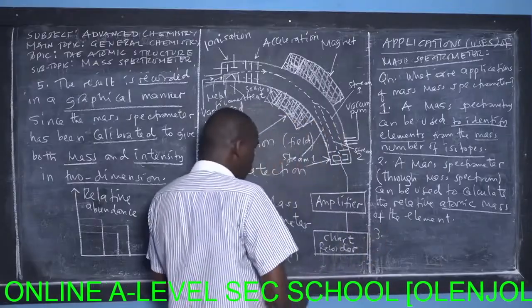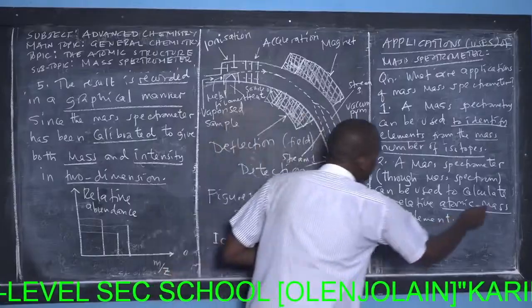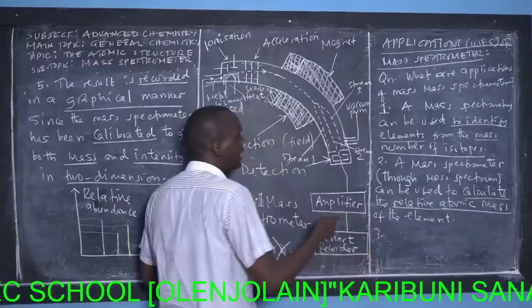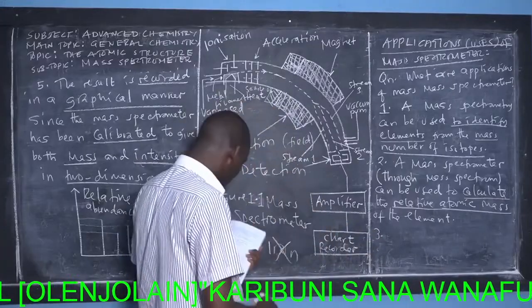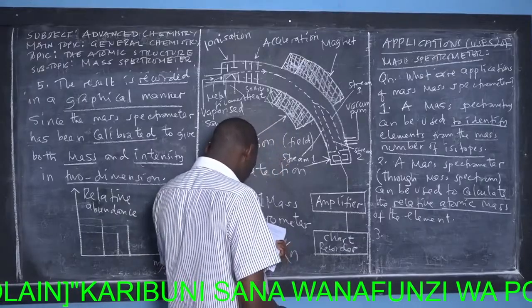The third application, we say that the mass spectrometer, through the mass spectrum, can be used to calculate the relative atomic mass, RAM, of the element. And I will teach you in lecture 2 how we use this mass spectrometer to do that.